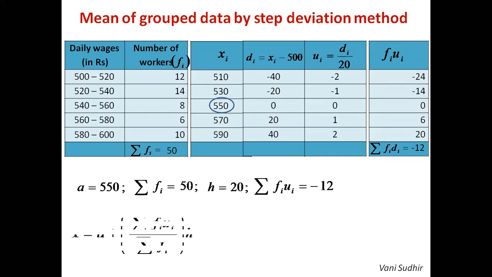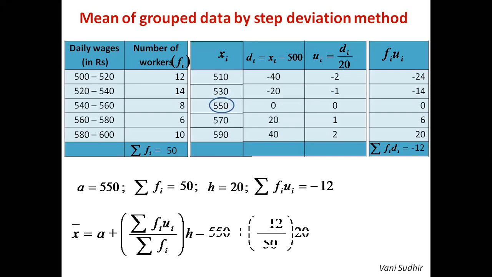The mean of the data by step deviation method is the sum of A and the product of summation of fi ui upon summation of fi times h, that is 550 plus minus 12 upon 50 times 20, which is equal to the difference of 550 and 4.8, which is 545.2. Therefore, the mean daily wage of workers of a factory is 545.2. In the next class, we will learn how to find the mode of a group data.